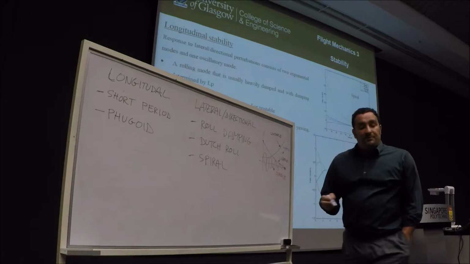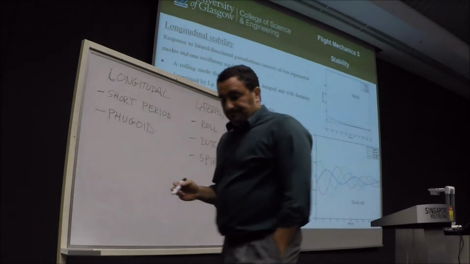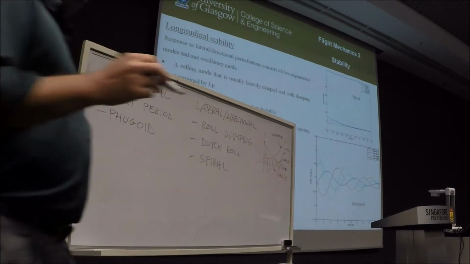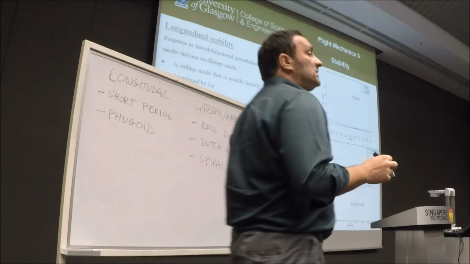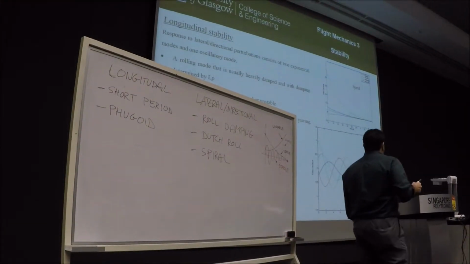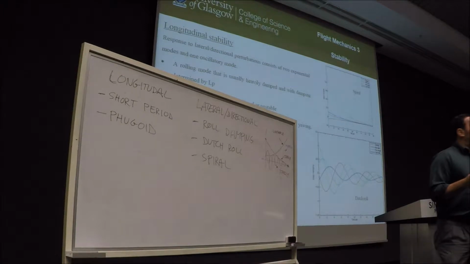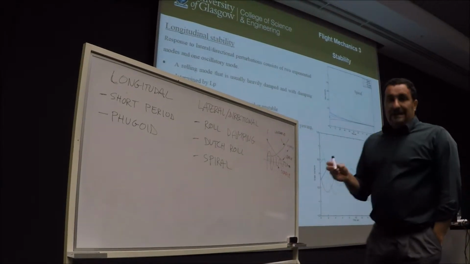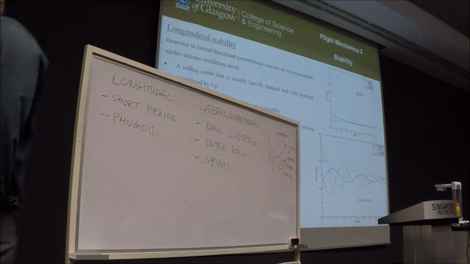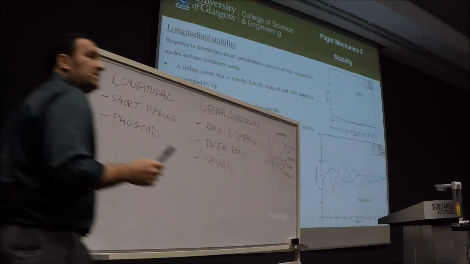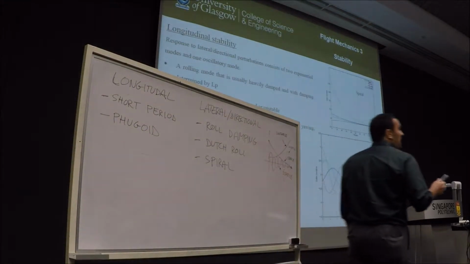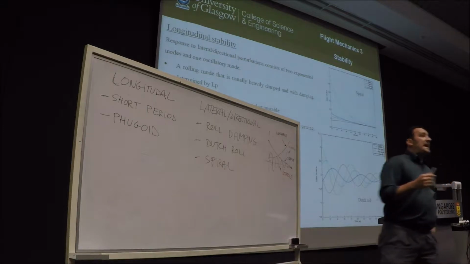In the case of the spiral, this can be either stable or unstable. So in the graph there, you have the case of a stable spiral. But it is often unstable. And this can be very, very dangerous, particularly when the pilot does not have any visual clues.